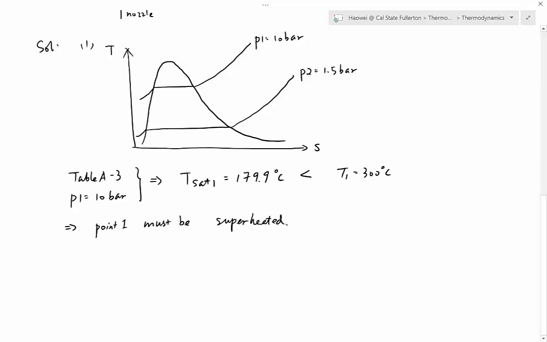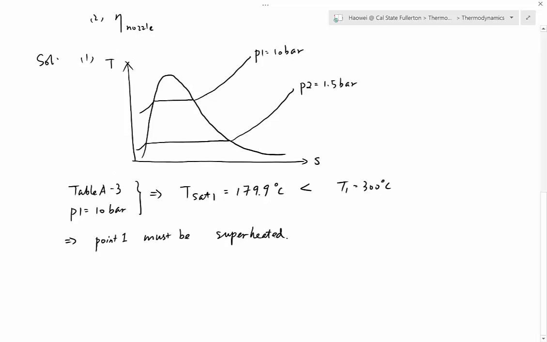Okay, so is that enough for us to fix number 1? Let's take a look. We know point 1 must be on P1 line, and also number 1 must be superheated. So can I put number 1 here? If I put number 1 here, where's number 2s? We know 1 to 2s, the letter S means isentropic. If the process is isentropic, entropy does not change.